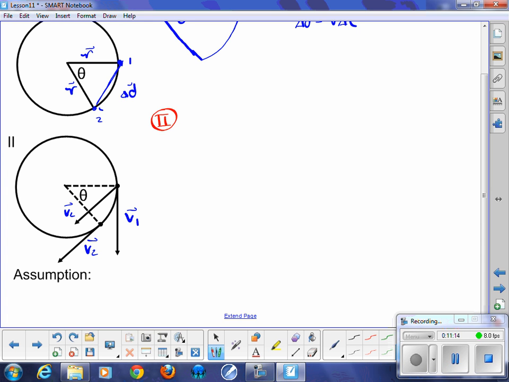And I find the angle between the two vectors, V1 and V2. Well, we know that the angle is 90 degrees. I'm just going to change pens here. I know this is 90 degrees. It's a property of a tangent to a circle. All right.